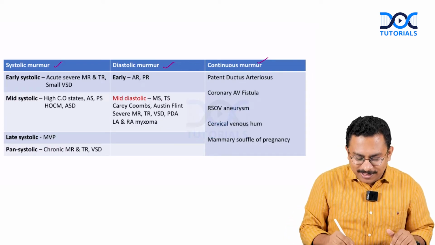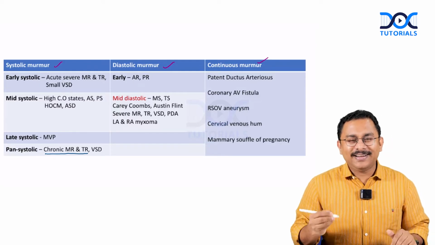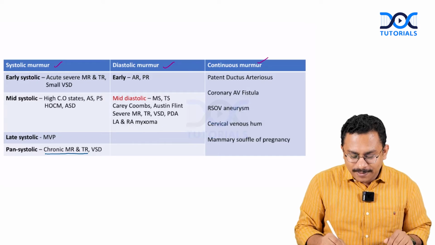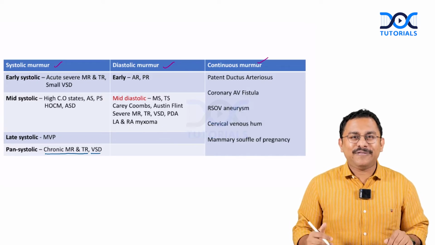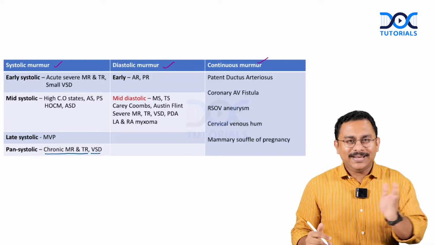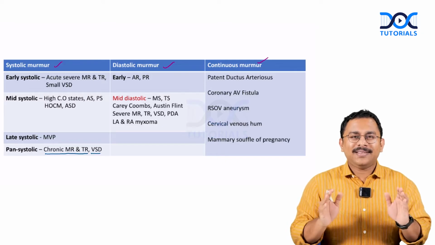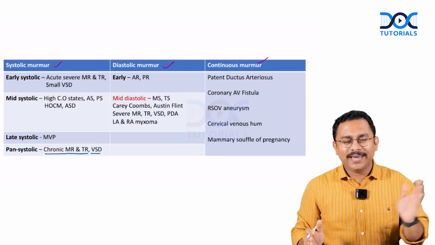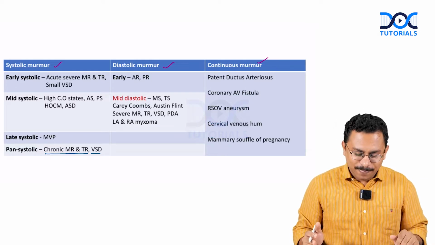Pan-systolic, we just saw, can be seen in mitral regurgitation and also in tricuspid regurgitation. Even in a ventricular septal defect you can see a pan-systolic murmur, and the configuration will be, as I said, uniform intensity extending throughout the systole.